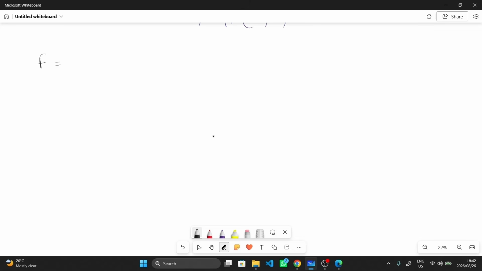Maybe f equals w x y plus w x complement plus w plus maybe x plus y complement, right? So this is the equation given to us, right?